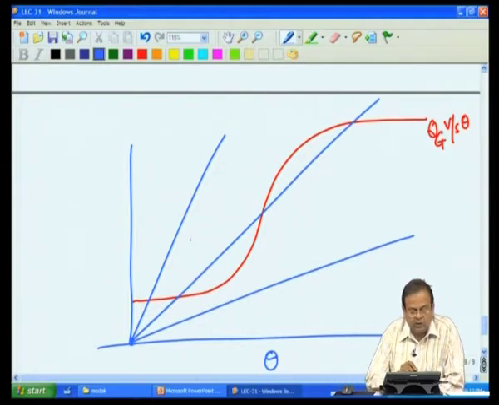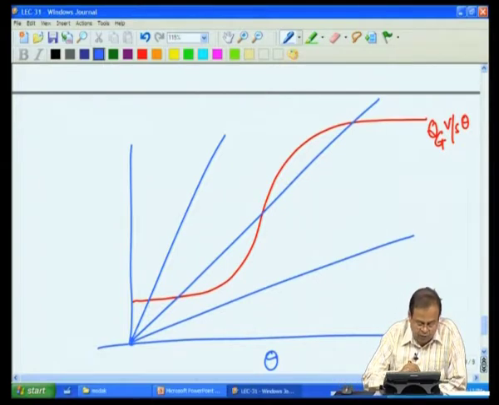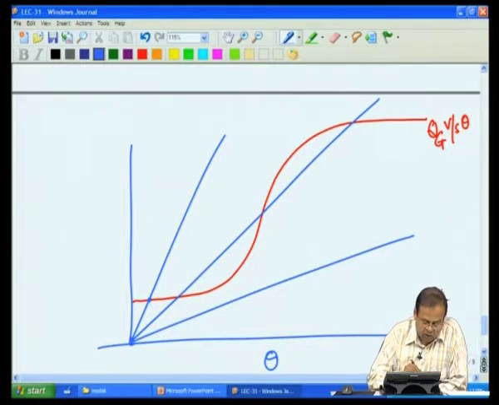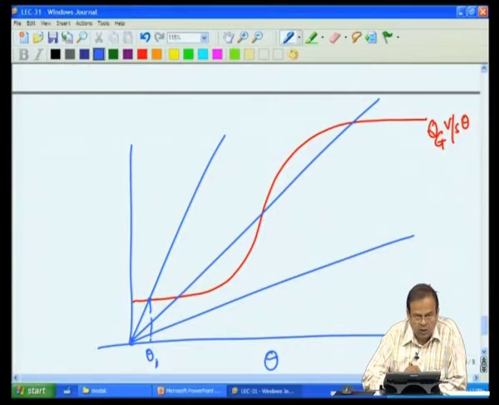Once again we see that if the slope of this line is high value, then we have steady state temperature, let us say steady state temperature 1, which is of a low value.